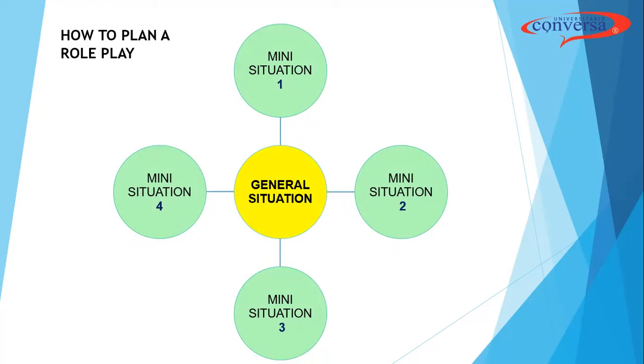But sometimes we get lost in all of the ideas that we would like to give our students, and at the end we are not clear with the right instruction we want them to follow. That's why, number one, you need to think of the situation you would like to have with your students. Then, based on that, you need to think of all the possibilities that general situation can give to our students. What do I mean with this?